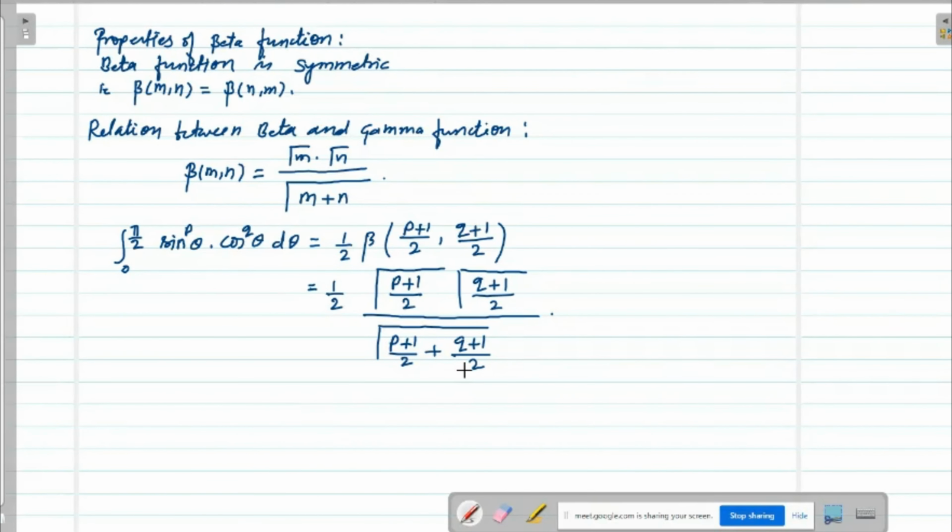And there is another formula, the duplication formula of gamma function, which is also important for you.